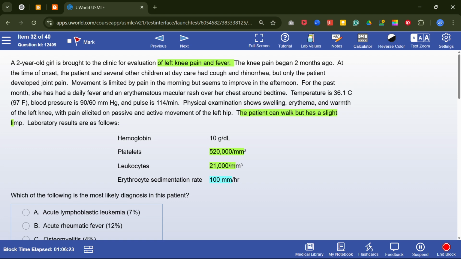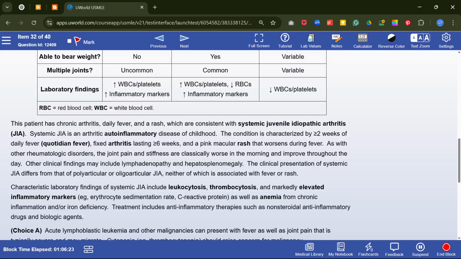So arthritis in one or more joints, plus there is an erythematous macular rash. No hepatosplenomegaly. Okay, two criteria met, and there is leukocytosis.